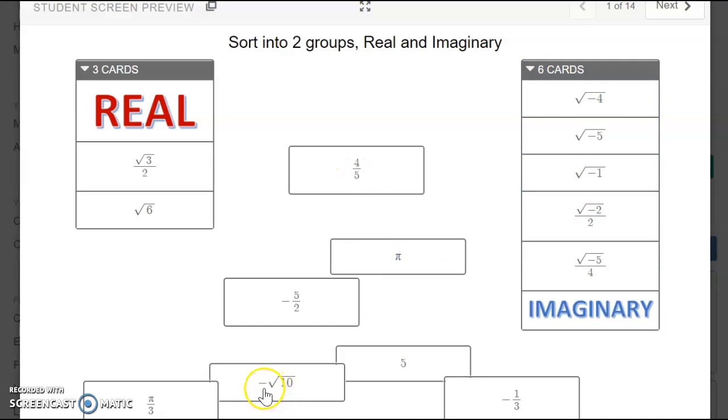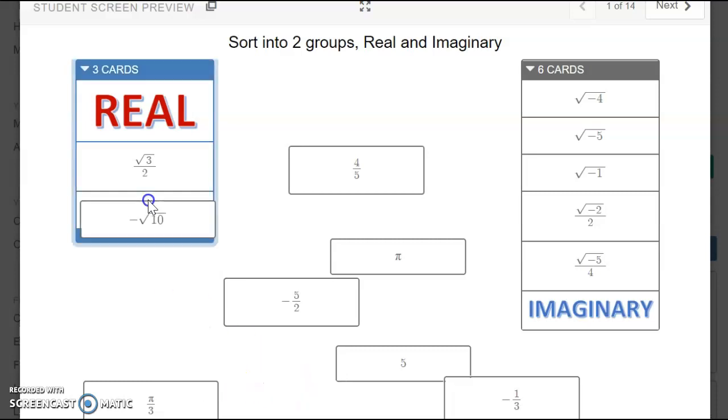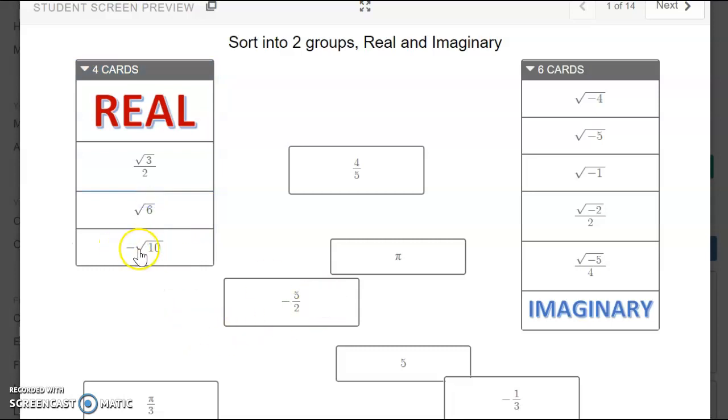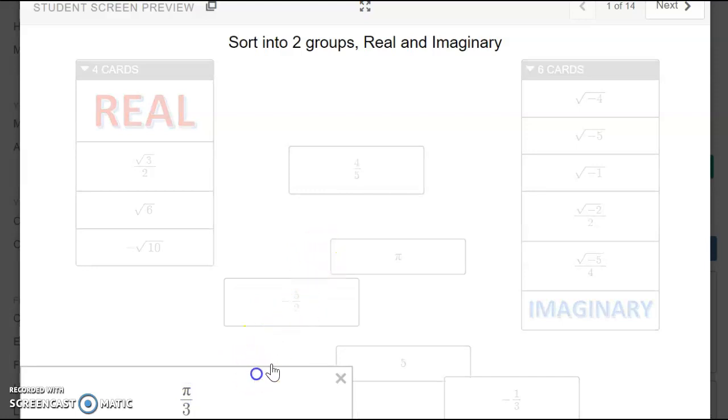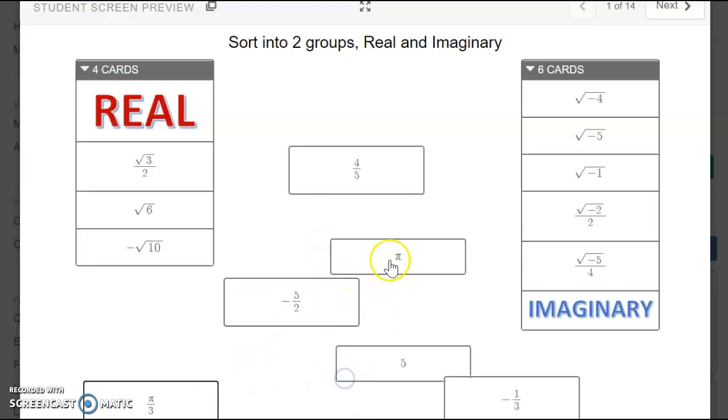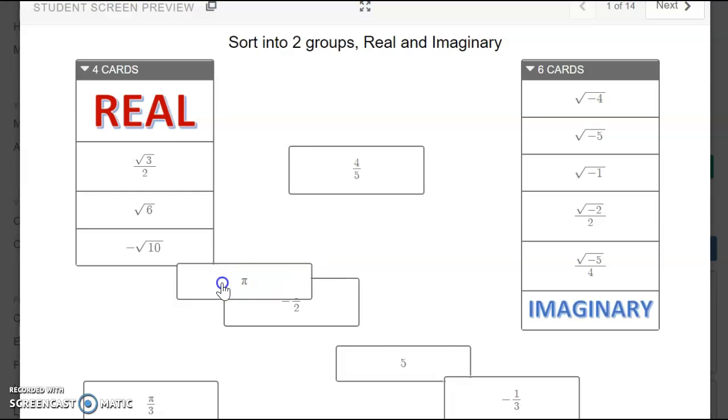What about negative square root of 10? Square root of 10 is a real number, and negative of that number is just real, as opposed to square root of negative 10. There is a big difference between square root of negative 10 versus negative square root of 10. Pi over 3. Pi is a real number, it's an irrational number.